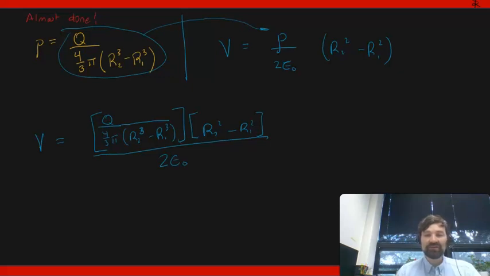Now you may look at this and think, hey, can that cancel? Can I just divide out an R2 squared and an R1 squared from these two terms respectively? Unfortunately, the answer is no, not directly, because you have to be able to divide R2 out of both terms, not out of one or the other.